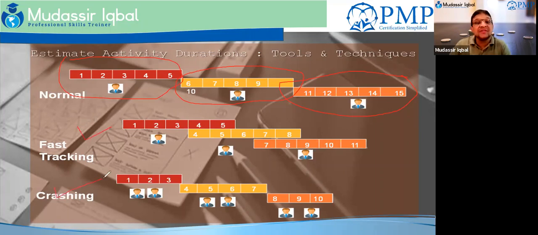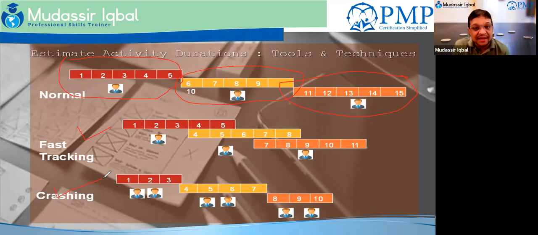Once we talk about fast tracking, we do two activities which were supposed to be sequential, now in parallel. Carpeting and paint were supposed to be sequential, but we have either been delayed on some of our activities, or our milestone or deadline is coming together.